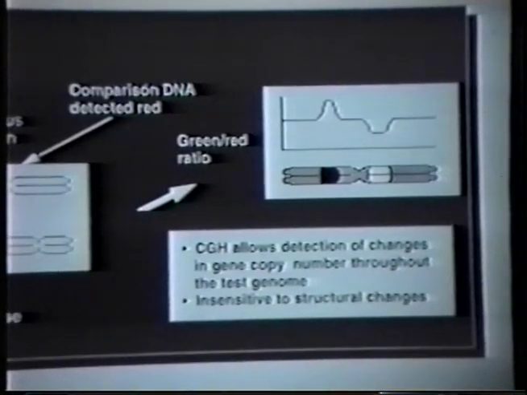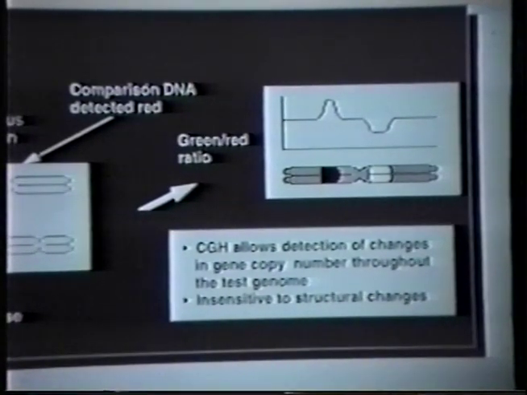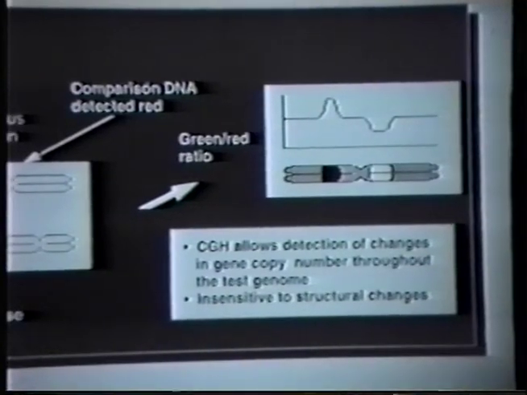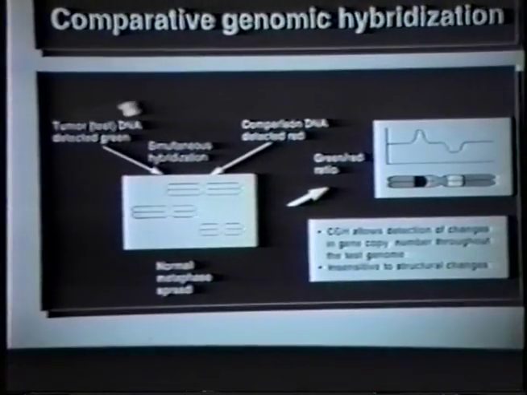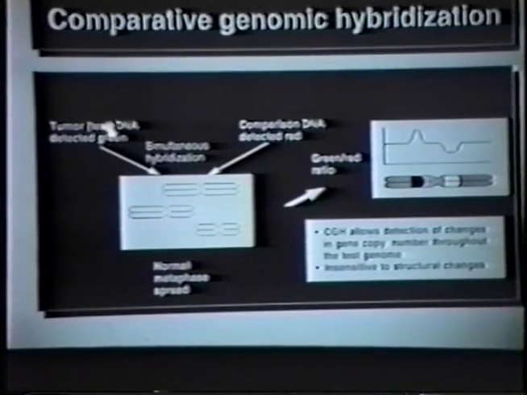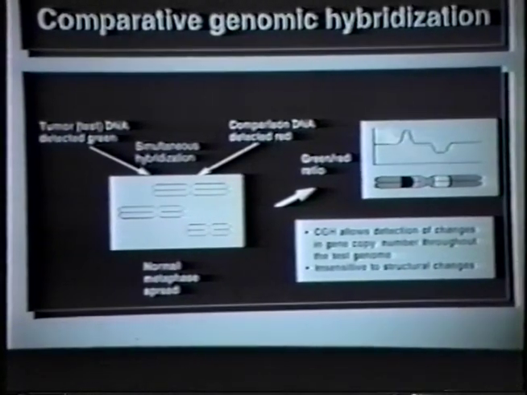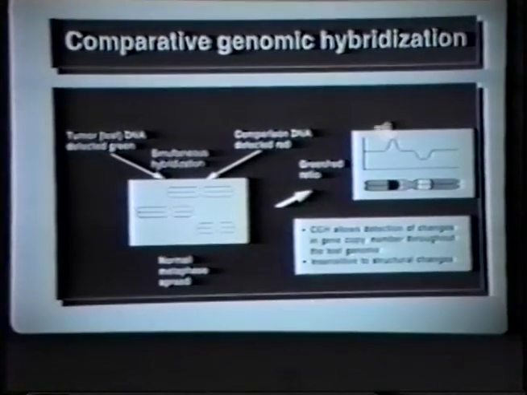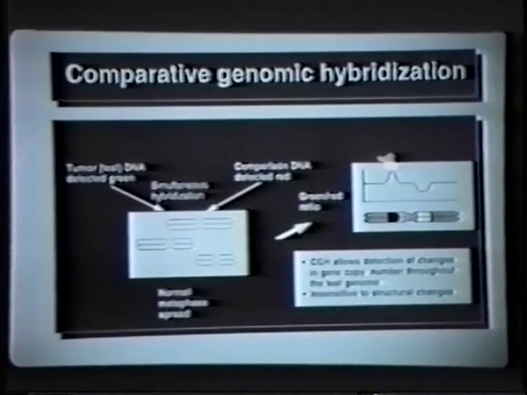Now, if there's a region in the tumor genome that's amplified, you'll have a higher copy number of the tumor sequences in that region than you do normal, and so you would have a high green to red ratio, and you get a peak here, and that would tell you that you've got an amplification event, and it would tell you on which chromosome and where along that chromosome it occurs.